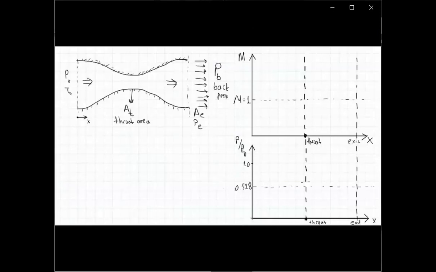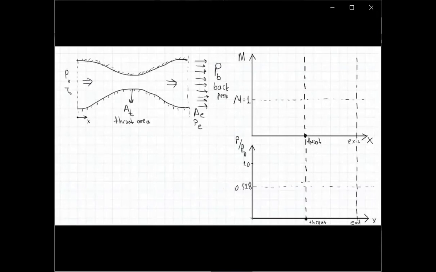The inlet conditions can be considered as this inlet area connected to a large chamber where the flow Mach number is zero, so static pressure will be equal to stagnation pressure.